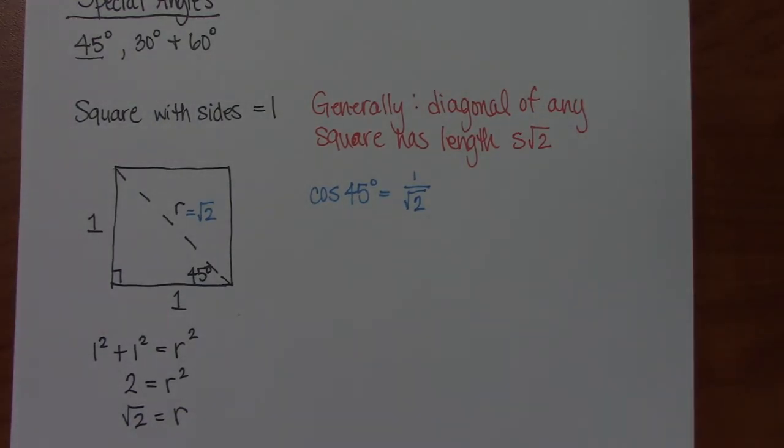Now, you may find a few unit circles online that actually list it as 1 over the square root of 2. But generally, when you look up a unit circle, we like to rationalize those numbers. Way back when you were first learning radicals, your teachers probably told you it's not mathematically correct to leave a radical in the denominator, so most of the numbers on the unit circle are rationalized.